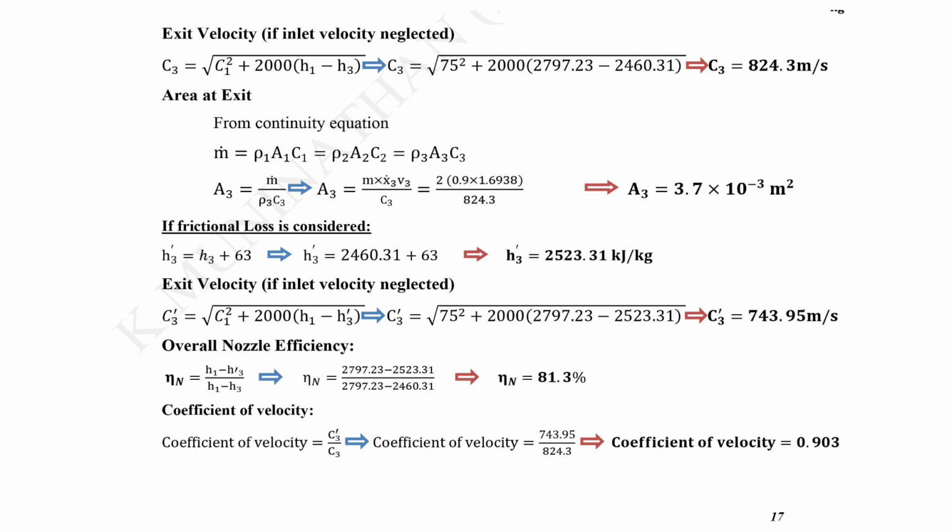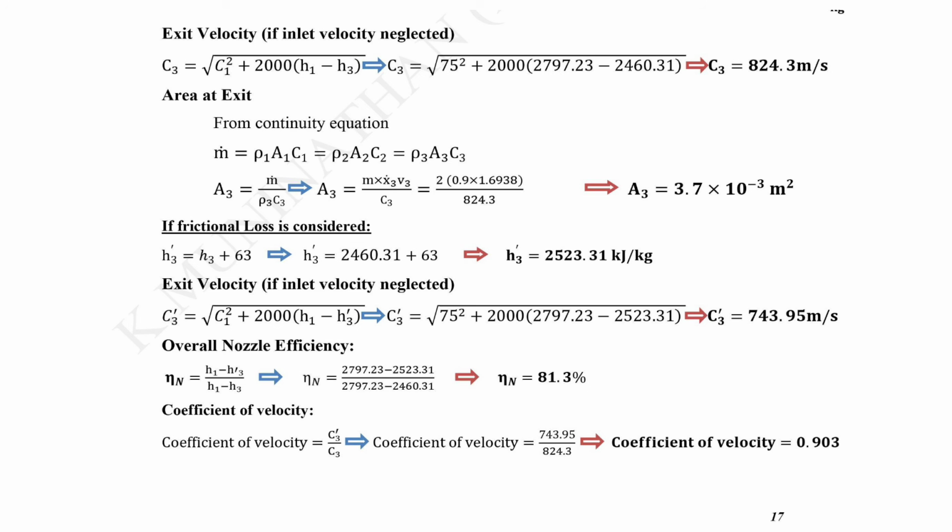If the frictional loss is considered, H3 dash is equal to H3 plus 63. So we know the H3 value, we can calculate the H3 dash value. Exit velocity, if inlet velocity is neglected, C3 dash is equal to square root of C1 square plus 2000 multiplied with H1 minus H3 dash.